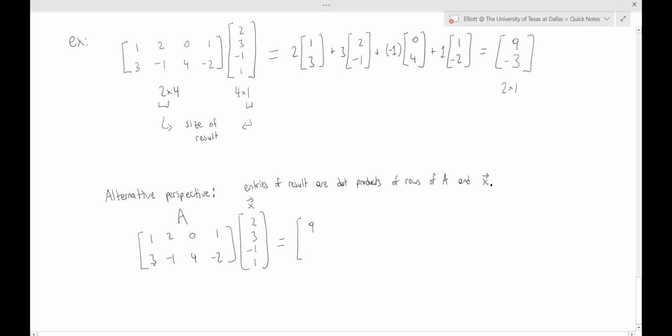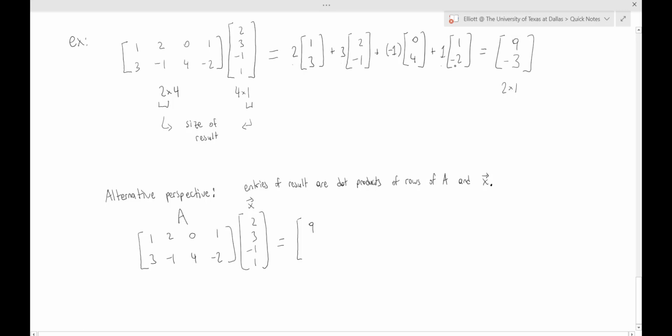And then if you do the dot product of the second row and x, so 3 times 2 plus negative 1 times 3 plus 4 times negative 1, and then plus negative 2 times 1.